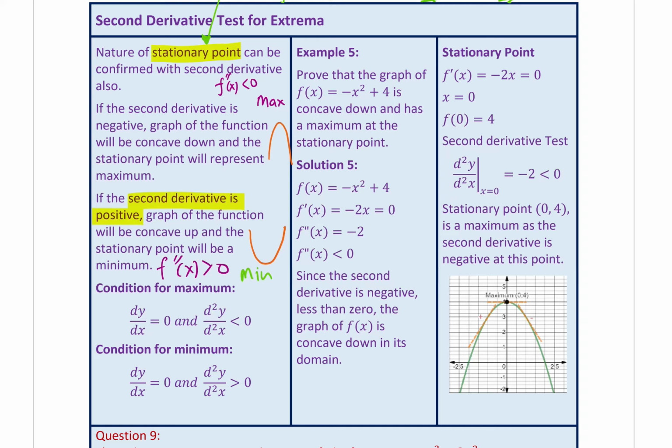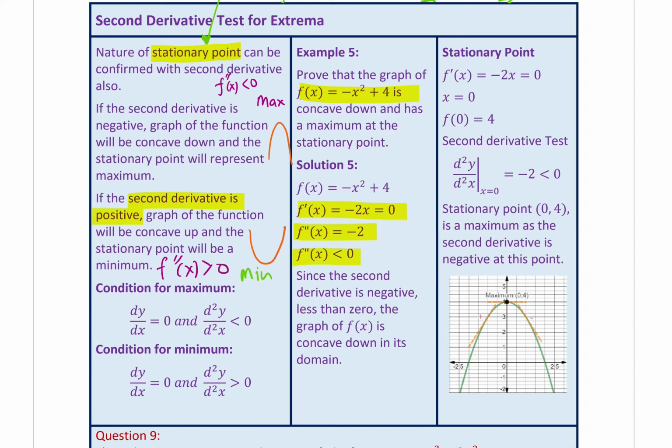Again, I've taken a very simple example with which we had been working. f of x equals minus x squared plus 4. Now, if I find the first derivative, we get minus 2x. The second derivative will be minus 2. Clearly, the second derivative is negative. Now that means what? That means negative means that the graph is always concave down, right?